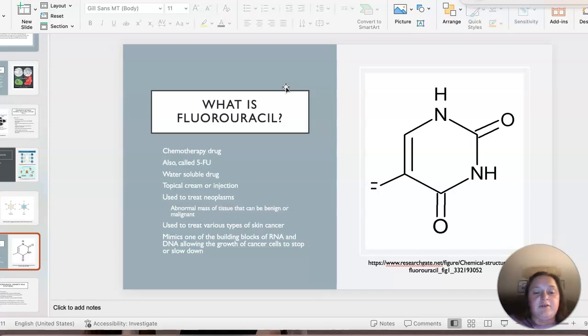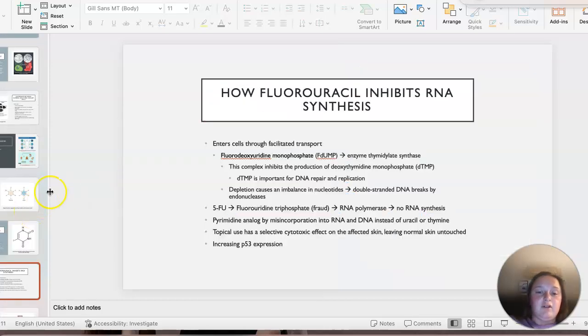It's used to treat various types of skin cancer as well as the ones mentioned before, like the breast, the colon, all that stuff. It mimics one of the building blocks of RNA, uracil, and thymine for DNA, allowing the growth of cancer cells to stop or slow down. And whenever it stops or slows down, it triggers apoptosis, aka cell death.